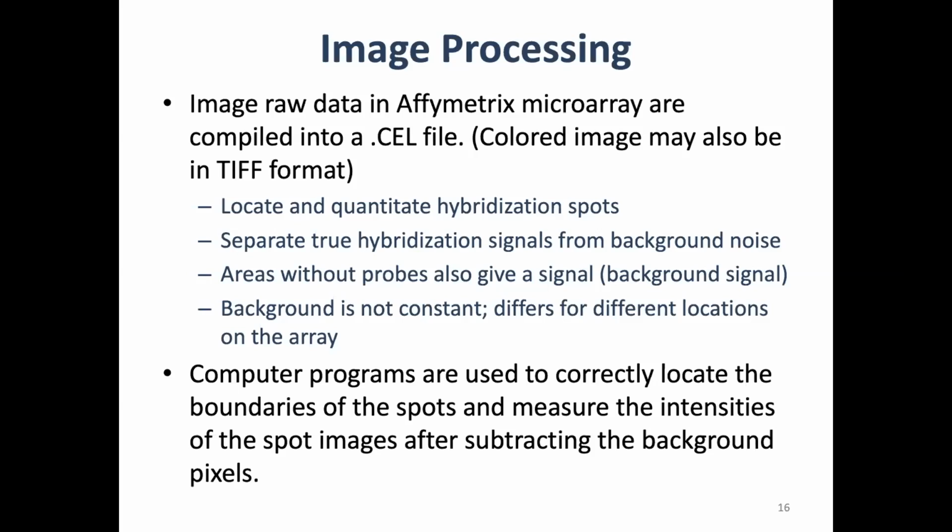The computer program should be well written so that it can accurately locate the boundaries of the spots and measure the intensities of the spot images after subtracting the background signal. So to get the accurate signal, you have to subtract the background noise.